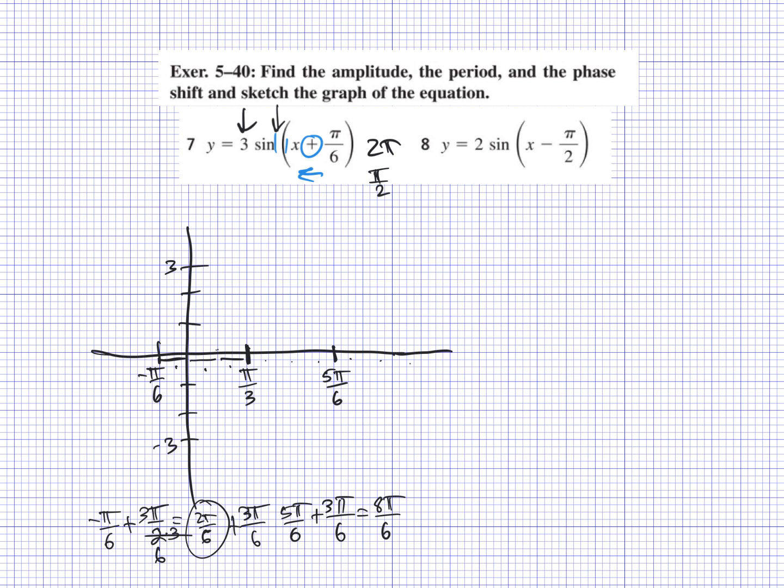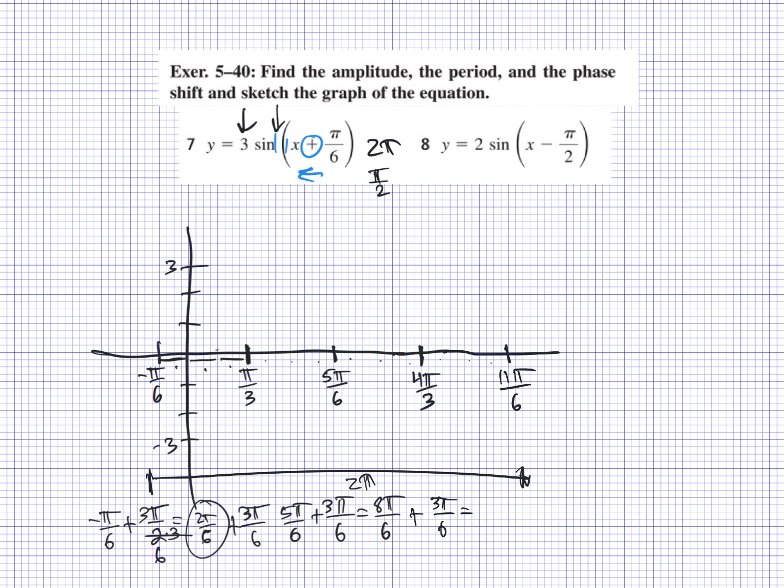So 1, 2, 3 is the next one. And we need one more. 8 pi over 6 plus another 3 pi over 6 gives me 11 pi over 6. So this distance from negative pi over 6 all the way to 11 pi over 6 is still 2 pi. That's our period still.